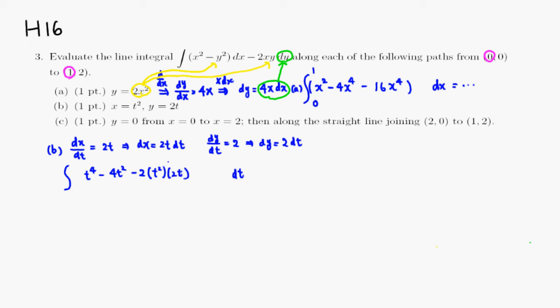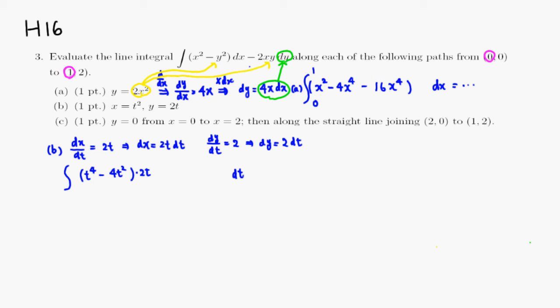Actually, I forgot to do something. Before we do that, maybe I should do this. I messed it up, sorry. So dx is actually 2t dt. So you would have to multiply this by 2t, and then there's a dt.